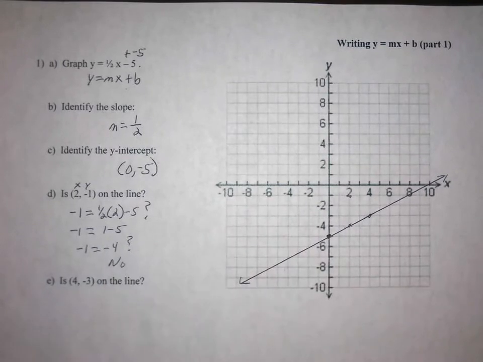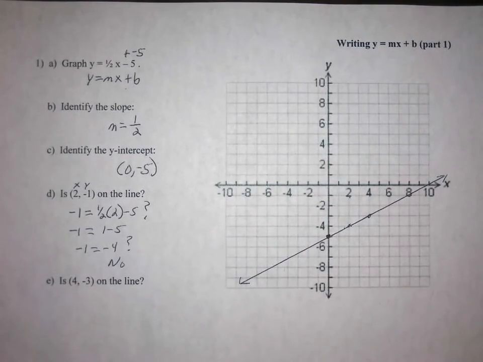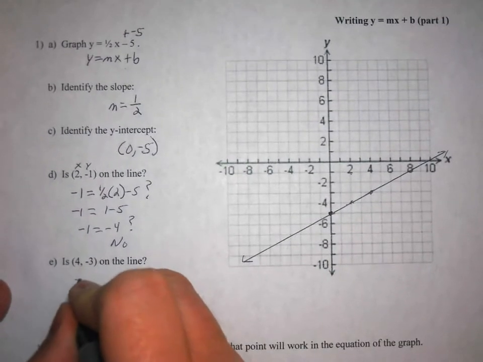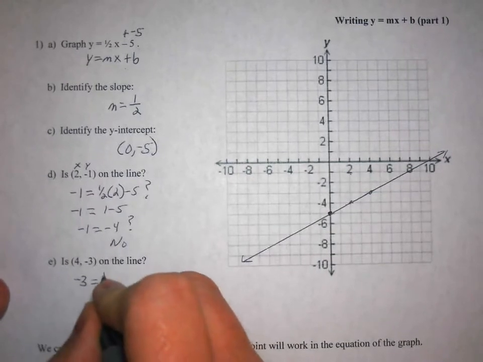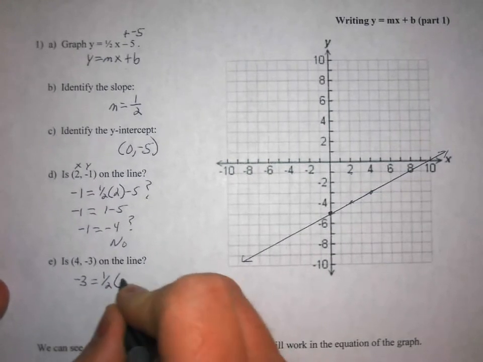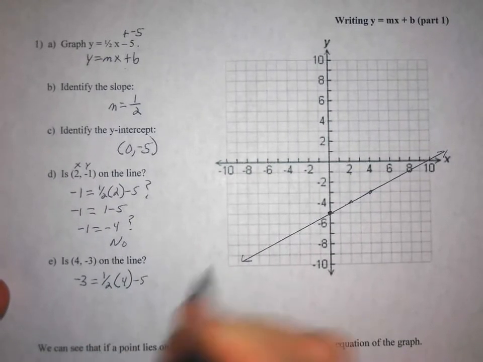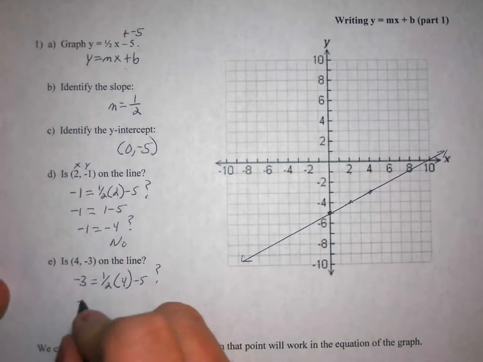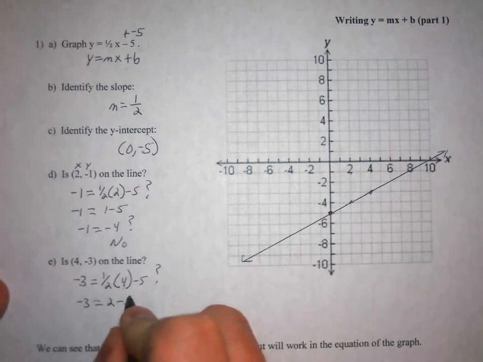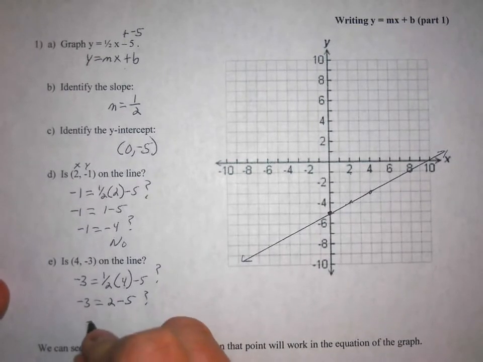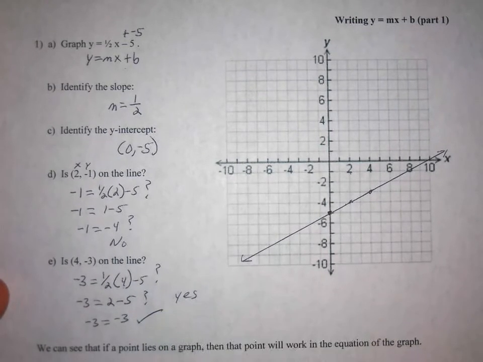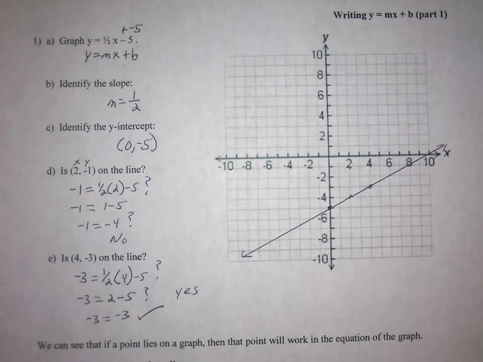No. So 2, -1 is not on the line. It does not satisfy the equation. The point 4, -3, same idea. If y is -3, does -3 equal 1/2 times 4 minus 5? Well, half of 4 is 2. So we have 2 minus 5. Yes, -3 equals -3. So yes, that point is on the line.